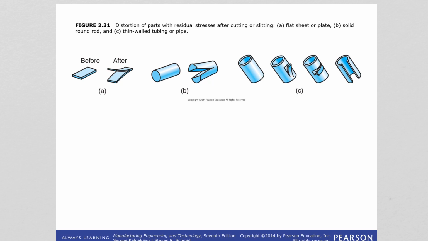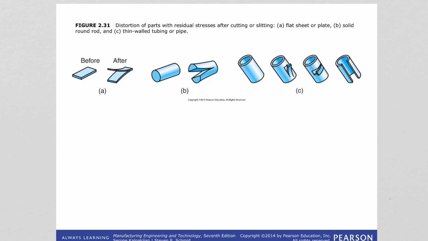Okay, the residual stresses can also form due to temperature gradients along the part, because let's say you are doing casting or hot forging, and some parts of the part are much warmer compared to other parts, and there will be expansions and contractions differently along the sample.